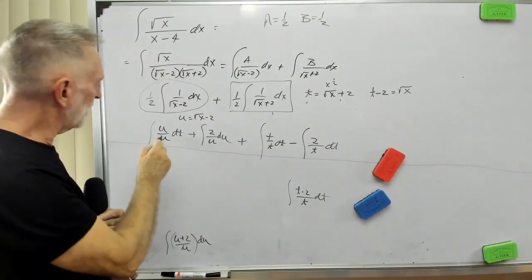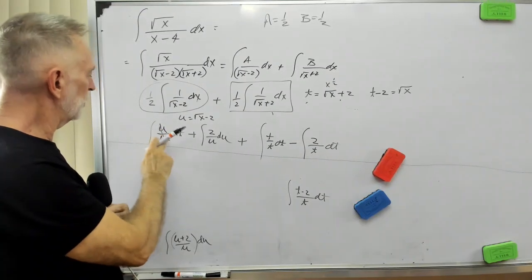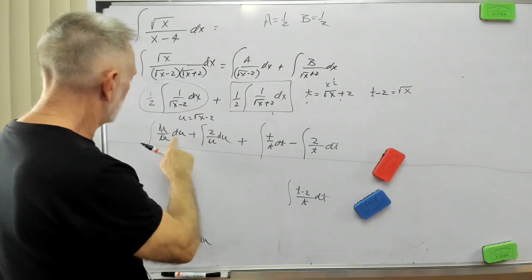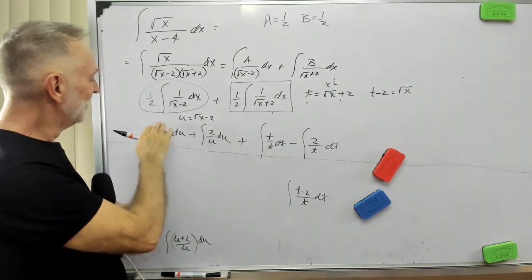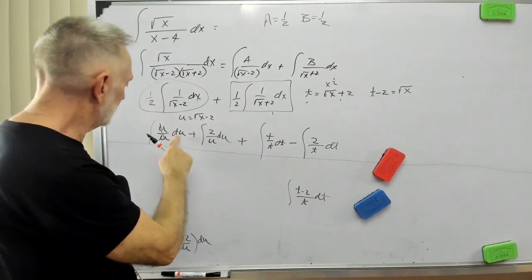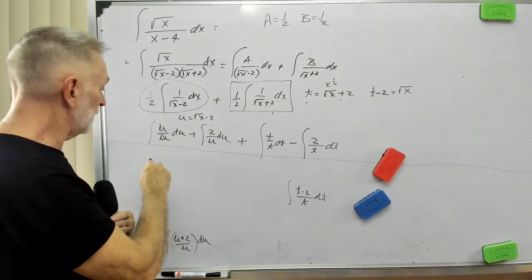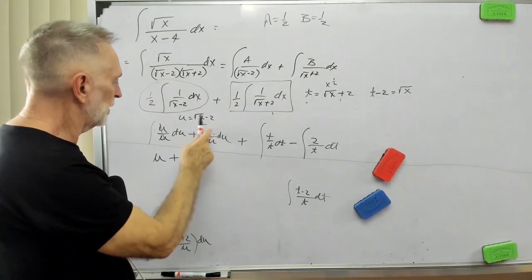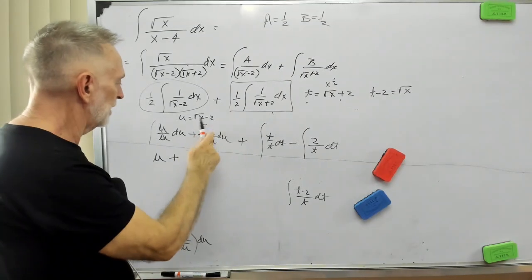All right, so u divided by u is 1. That should be du, not dt, sorry. So the integral of u over u is 1. 1 times du is du. The integral of du is u, plus, I could bring this 2 to the outside.